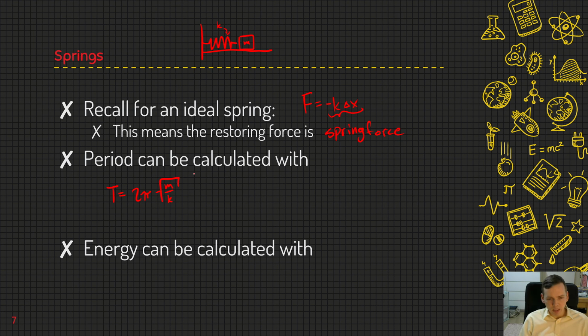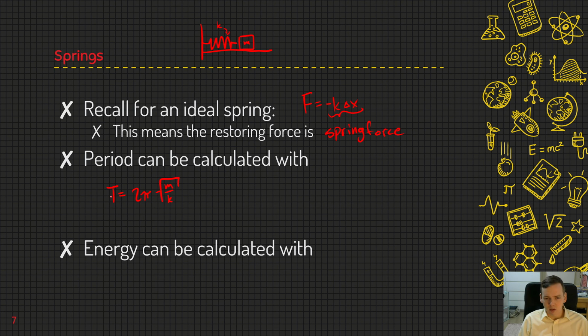And this makes sense if you think about it. The exact details of it won't make sense from this, but the overall relationships you can track. So for example, if you've got more mass, it's going to be harder to move this back and forth, so you'd expect a greater period. That checks out intuitively.